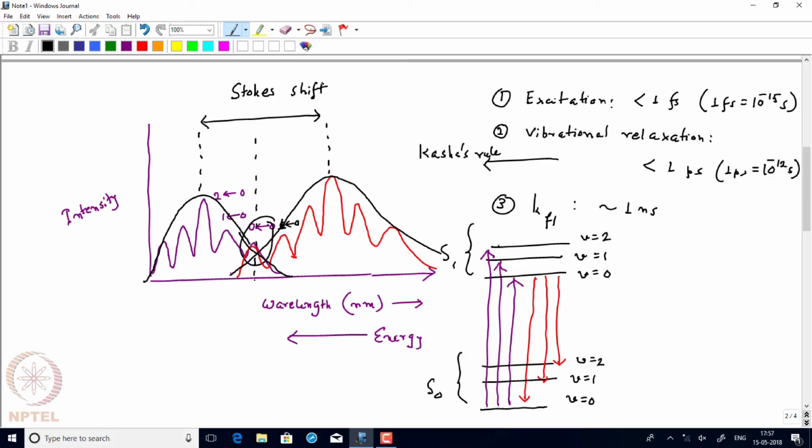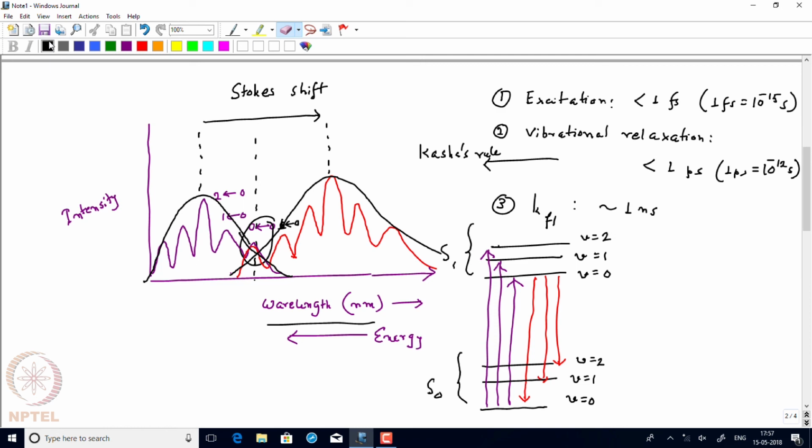And this same term, Stokes shift, is also used for Raman transitions. There also we talk about the difference between absorption and emission, and how much is the red shift in frequency, because you see that this is a wavelength scale. So, we are going from the blue side to the red side. This is known as the Stokes shift. Maybe I should draw the arrow like this.